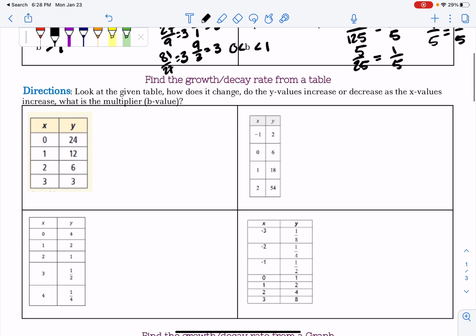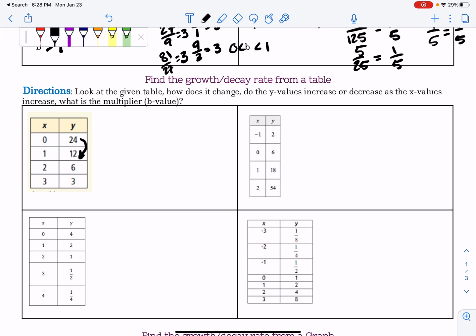If we're given a table to find the b value, again, we're looking, what could we multiply by? So what number would we multiply by to make 12? Again, this is getting smaller over time, so we're looking for a fraction or a value between 0 and 1. You might feel like you're dividing here. If you feel like you're dividing, we're going to have a fraction.